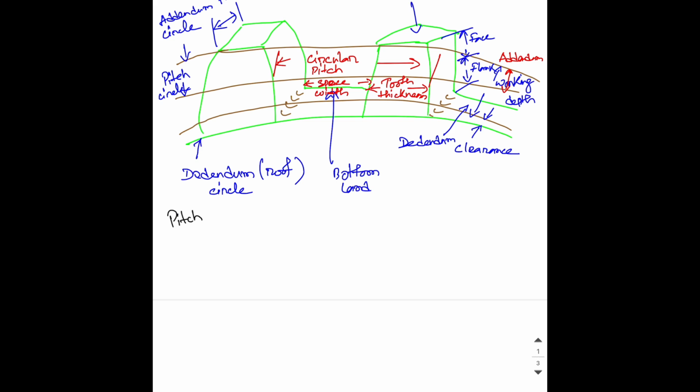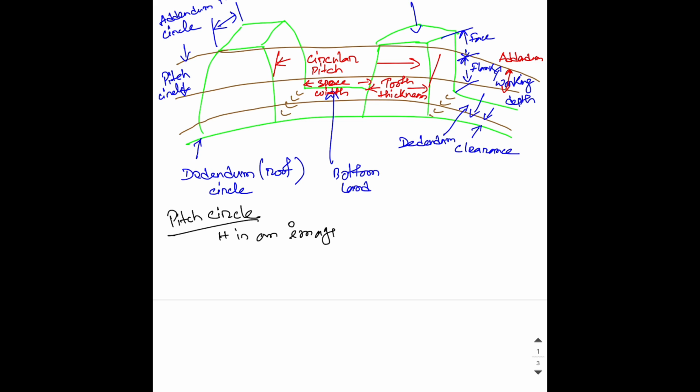Now I am defining what the pitch circle is. The pitch circle we may call an imaginary circle drawn in such a way that pure rolling motion on this circle gives the motion which is exactly similar to the gear motion. So I will write, you just try to understand.